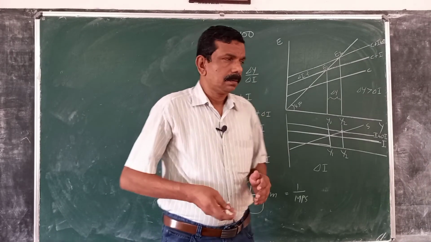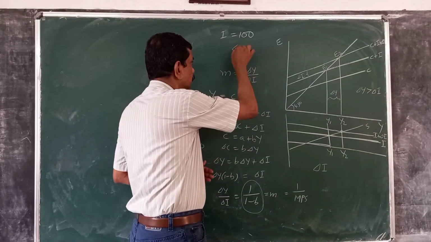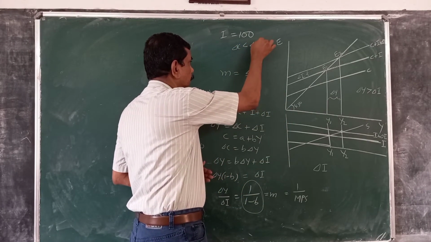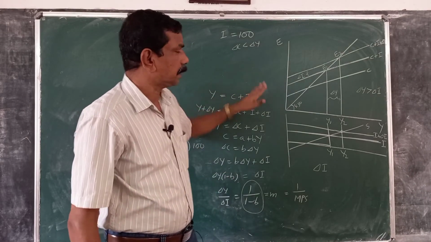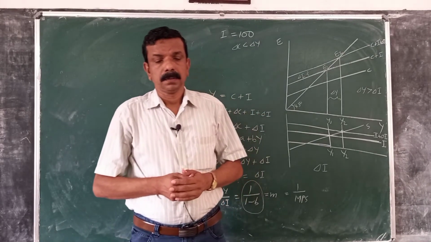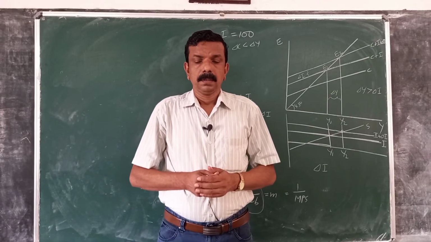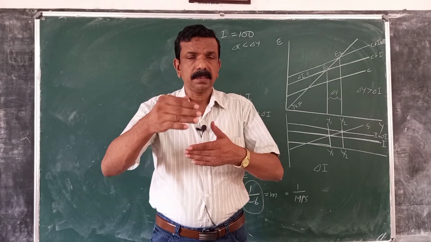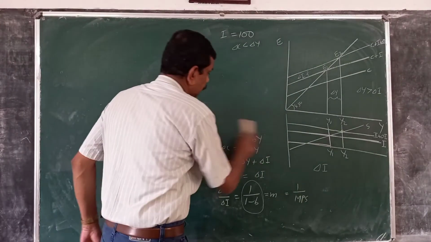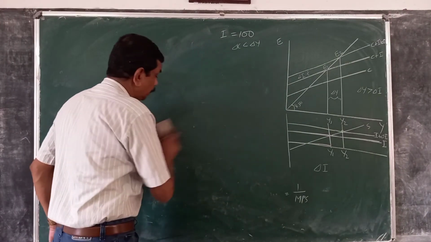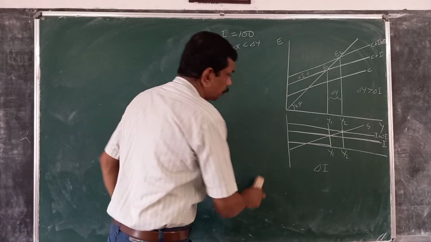Now, with delta C less than delta Y, this is the beginning of the indirect effect of the shock.